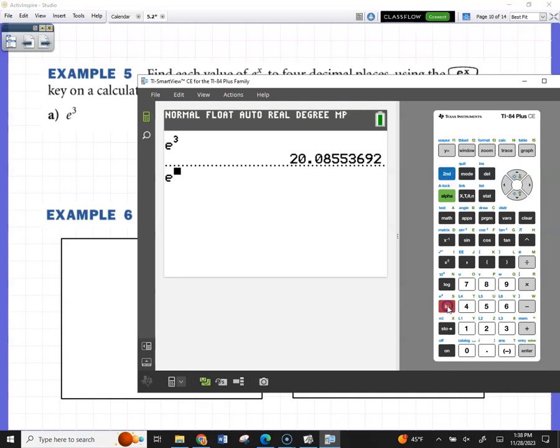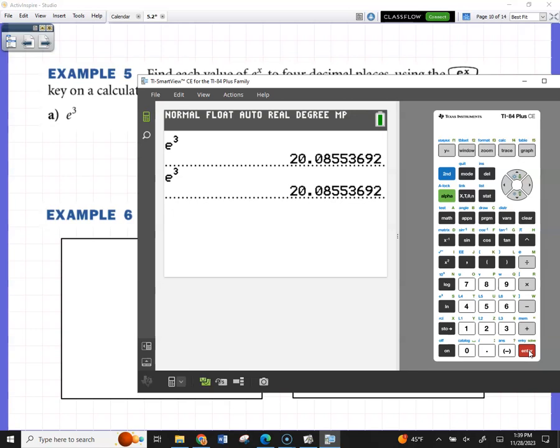Let me show you both. It will automatically put the cursor in the exponent's place to let you type the 3. So there are two options here, and either one of them works. I don't care which one you use. There's a reason that it's on the LN button.